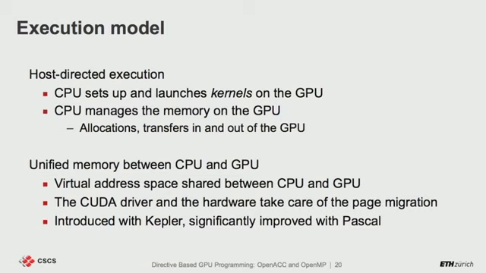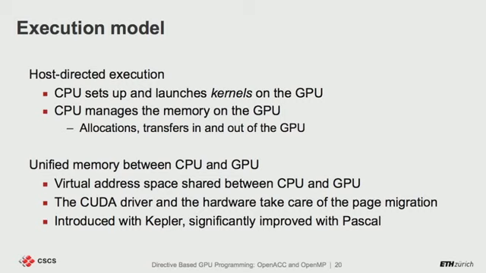So this was already supported in the Kepler architecture, which was the previous generation, but it wasn't so efficient because it was completely handled by the runtime. You had to allocate specifically in a specific place of memory, and then the CUDA runtime could take care of this special pointer and do the translation.